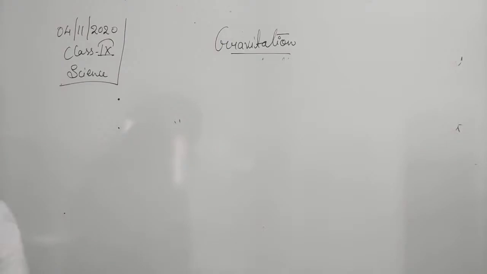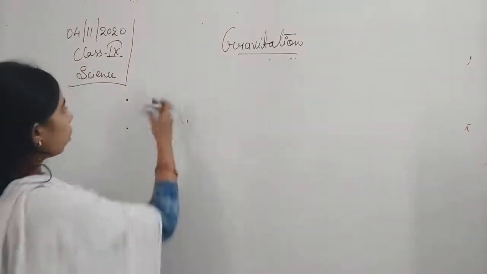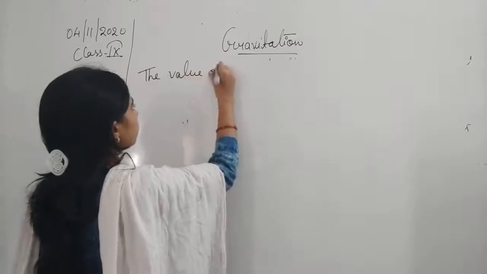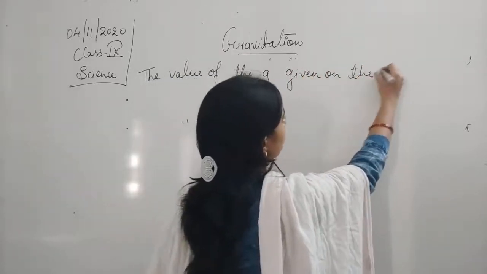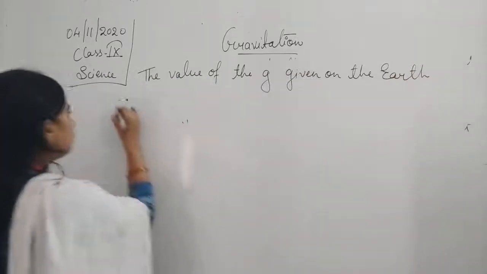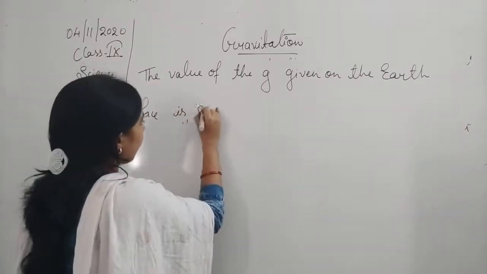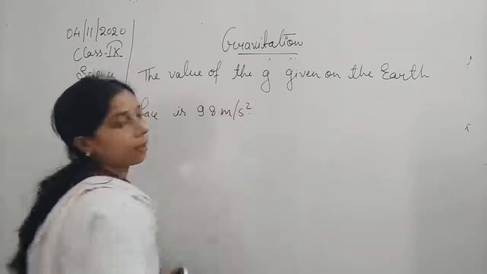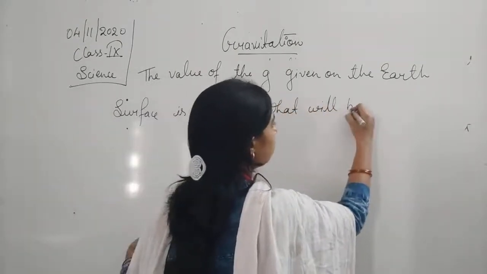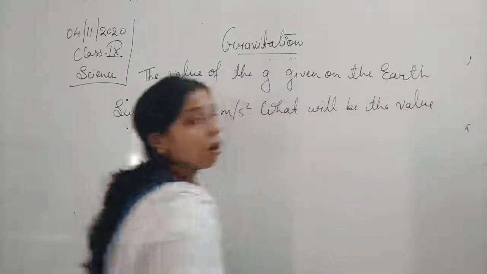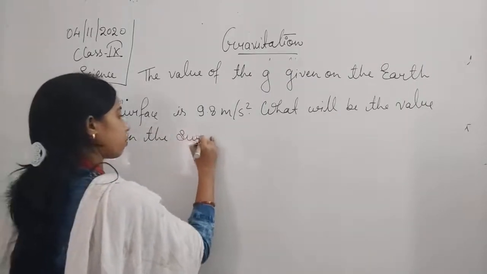The question given is a very easy question, students. It is given that the value of g on the earth's surface is 9.8 meter per second square, then what will be the value of g on the surface of the moon?